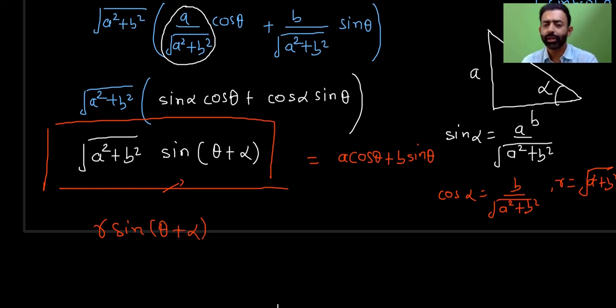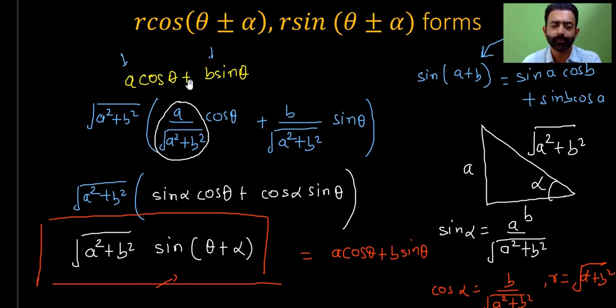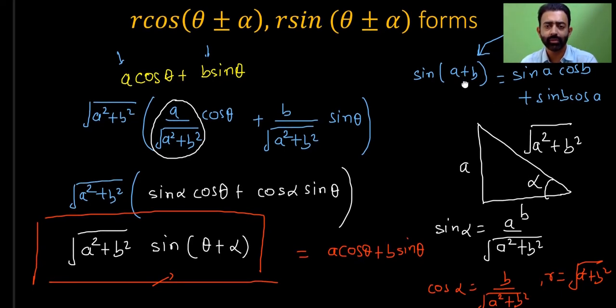Okay, now let us look back at the original expression, that it was plus here. So if I have to convert this into sine form, not cosine form, then there is a plus here. So you remember the formula of sine A plus B, right? There is always a plus if it is plus here. So if this is A cos theta plus B sine theta, and you are converting in sine form, then it will be of the form sine theta plus alpha, right?